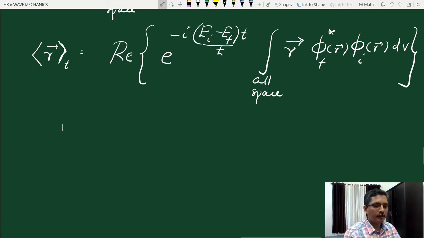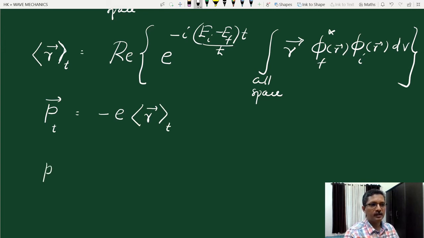Now what is the time dependent part of the dipole moment? Not the total dipole moment, because what we have obtained here is not the total average value of r. The time dependent part of the dipole moment is simply minus e times the time dependent part of the expectation value of r.